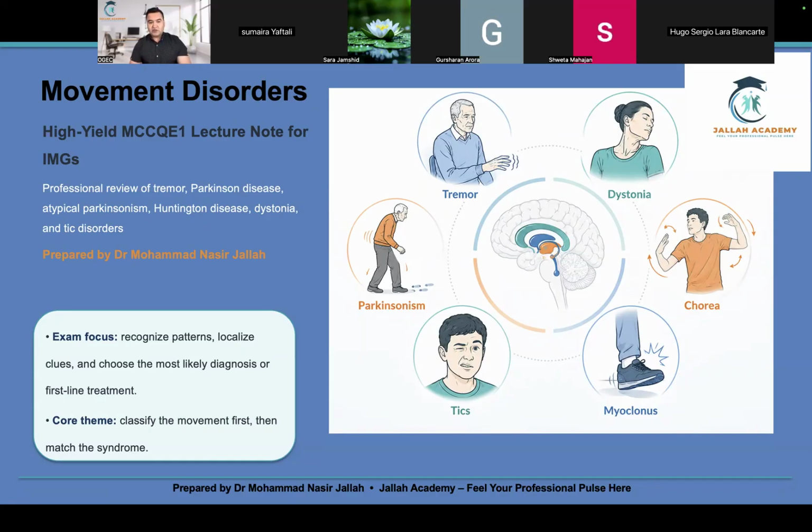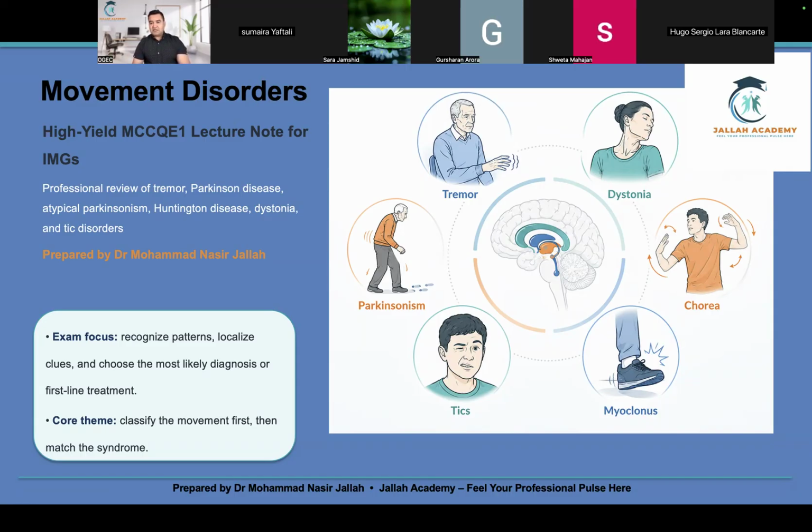Basically, you need to do some maneuvers, special tests to see if the patient is having a proper gait, if the patient has any movement disorder, for example tremor, how to check for that, how to do the posture, how to do the kinetic test, how to check the balance, how to do the pull test, all this, because you need to find out the movement disorder, right?